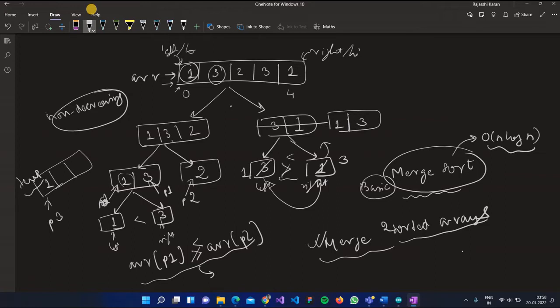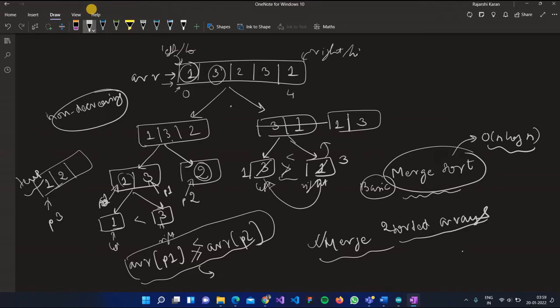Now see, array of p1 is actually greater than array of p2. If it is greater, we have to inverse it, we have to swap, basically make it less than. So now we don't carry the element of p1 into temp, we carry the element of p2 into temp. So we put this over here too.